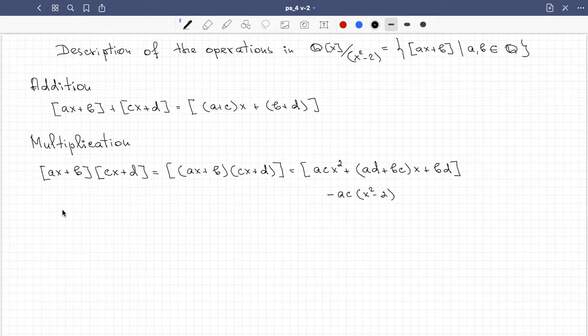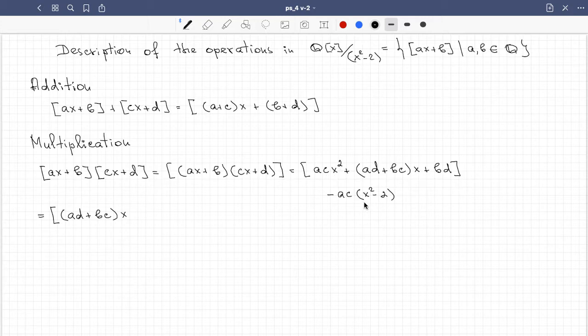Let us do that. I subtract this polynomial, and what I get is still the same thing: (ad plus bc) x.